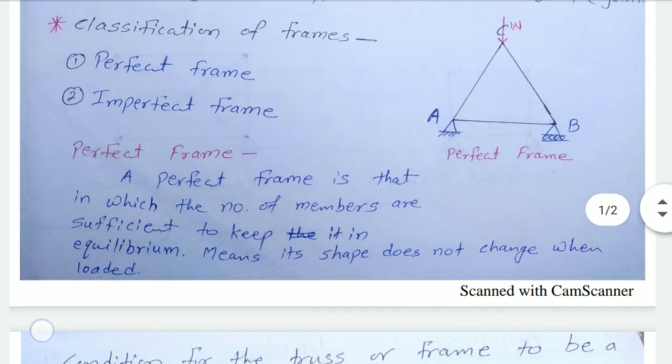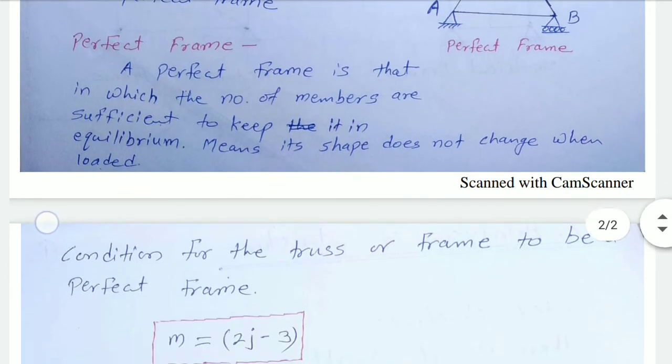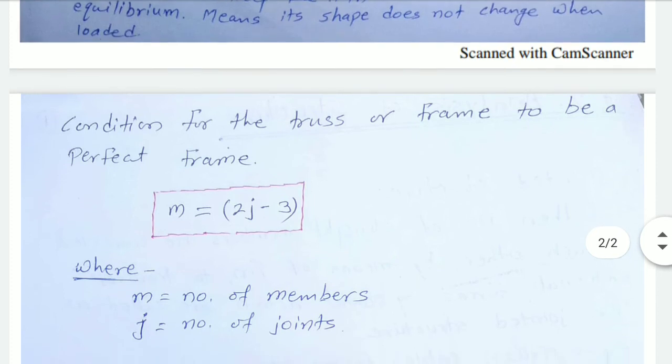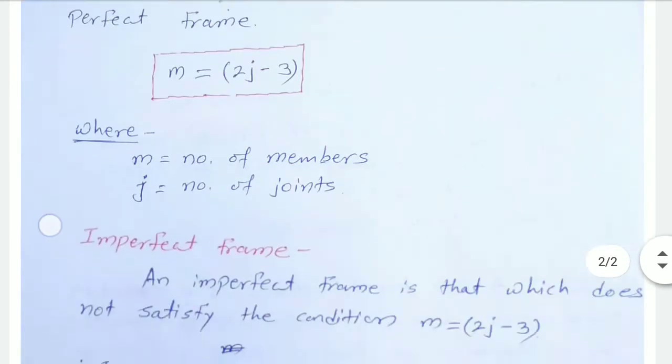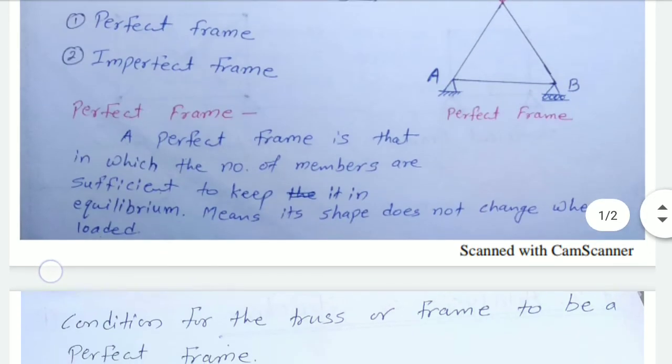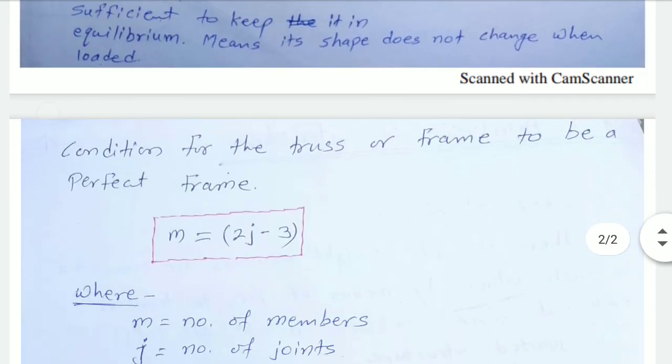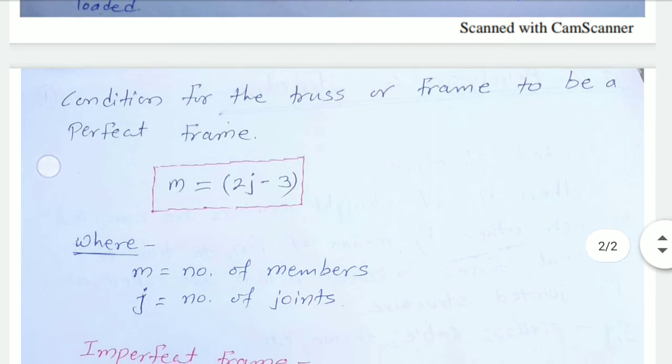ABC are the joints. So the number of members is 3, as we can see in this figure, and the number of joints is also 3: A, B and C. So 2 into 3 is 6, minus 3 is equal to 3. So m is equal to 2j minus 3, 3 is equal to 3. So it is a perfect frame.